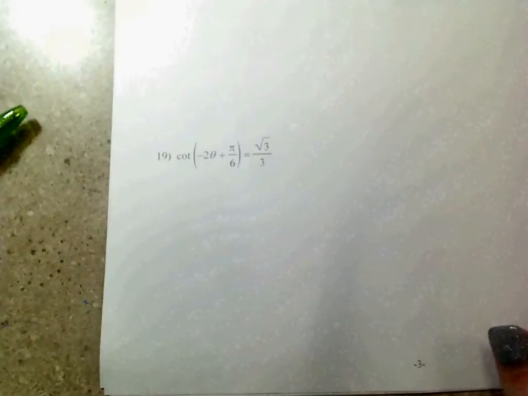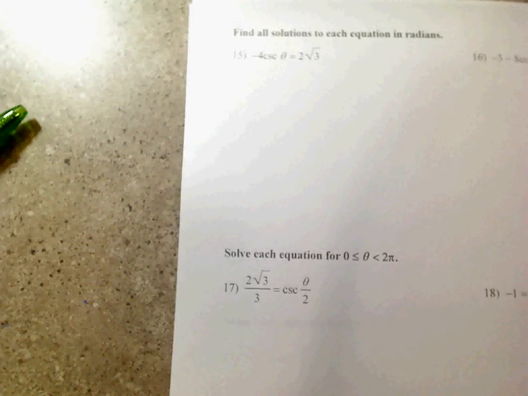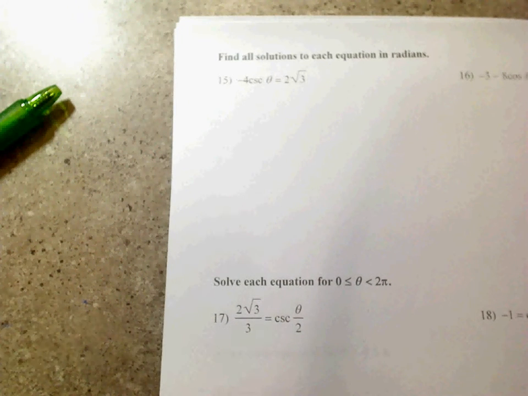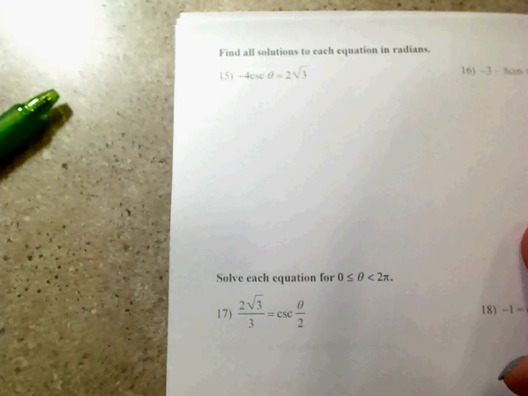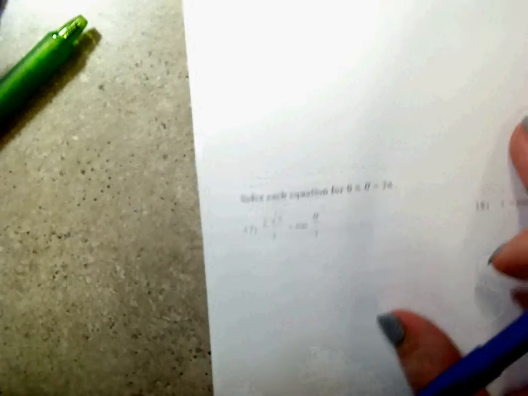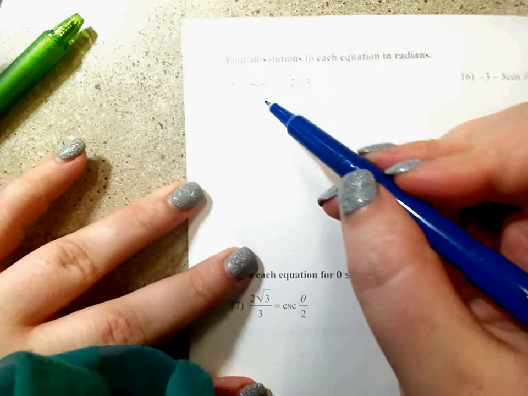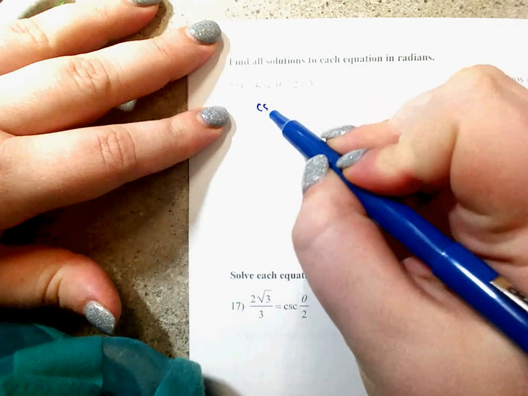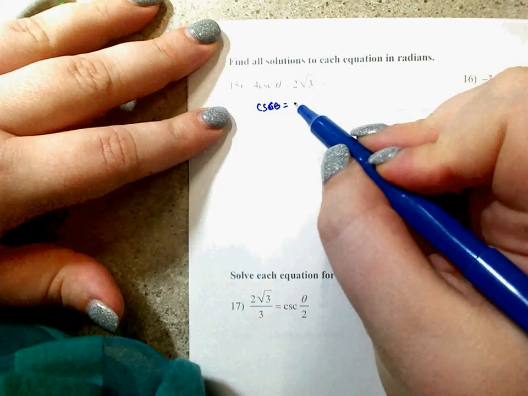This says find all solutions to the equation in radians. Okay. So I want to get cosecant alone, which means I need to divide by the -4. So cosecant of theta equals, when you divide by -4, 2 divided by -4 is -1/2, so negative square root of 3 over 2.